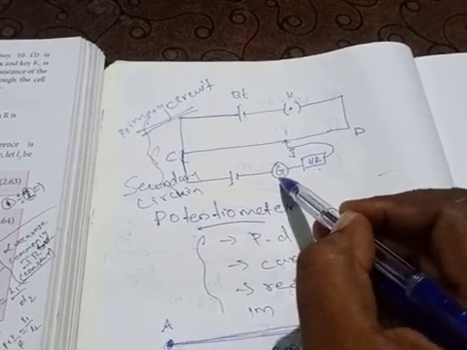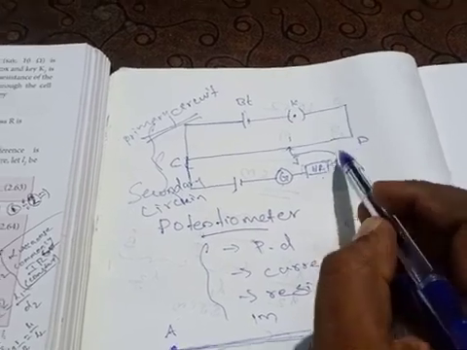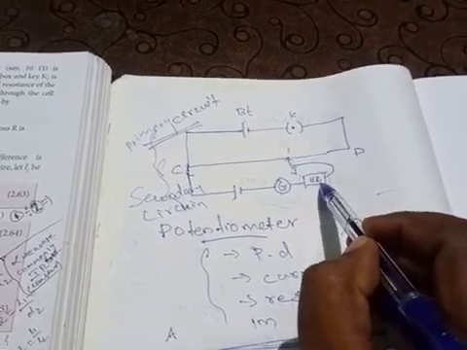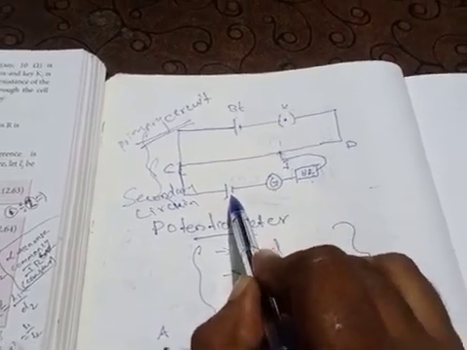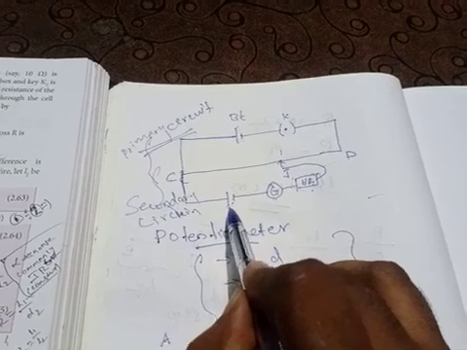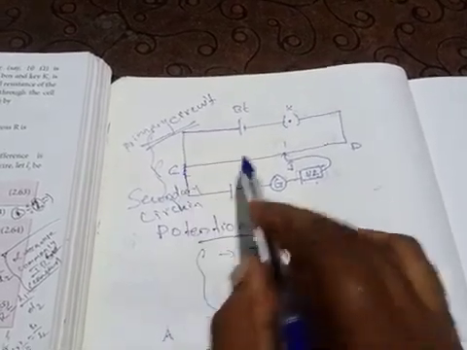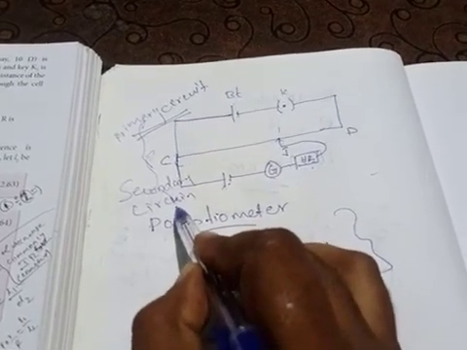Here you can see a galvanometer and HR. HR means a high resistance box, and this jockey is connected along with the high resistance box and galvanometer from the negative terminal of the battery, and the positive terminal of this battery is connected to the same end C, forming the secondary circuit.